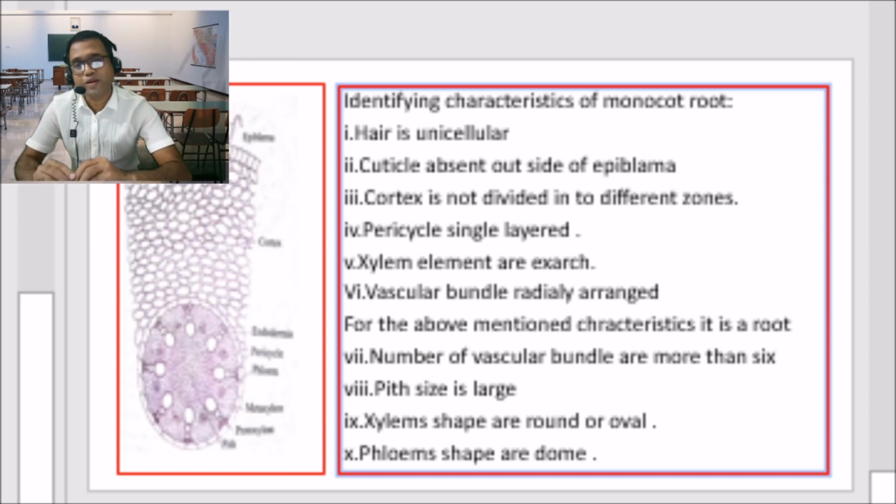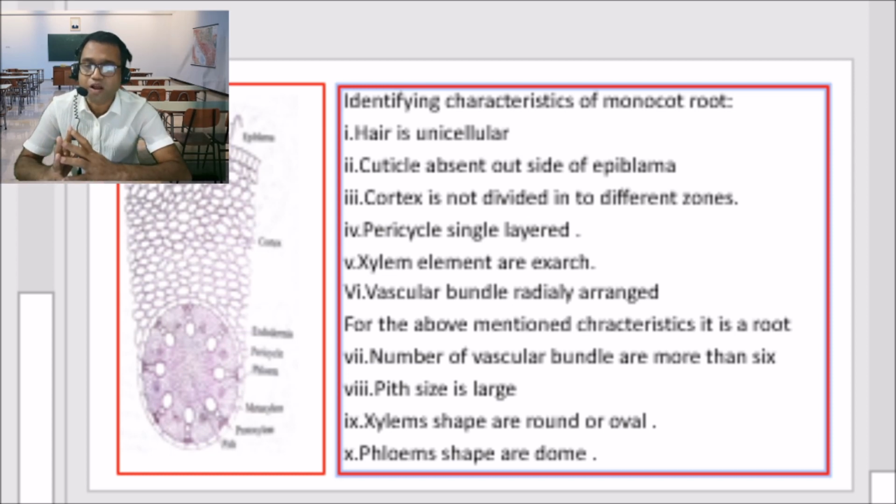So in stem, hair is absent or multicellular, cuticle is present, cortex is divided into different zones, pericycle is multilayer, xylem elements are endarch, the opposite of exarch, and the vascular bundle is not radially arranged. In stem, the vascular bundle is arranged conjointly. That means xylem and phloem remain on the same radius. So the opposite of these 6 characteristics are the basic characteristics of stem.